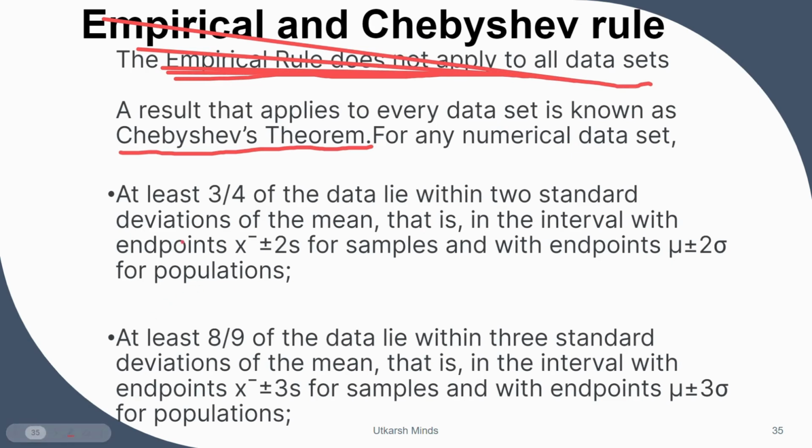So this Chebyshev rule says that at least 3/4 of the data lie within 2 standard deviations of the mean. That means in this range you will find 3/4 of the data, and in this range you will find 8/9 of the data. So it is a little different from the previous rule, but this is also a very respected theorem in statistics.